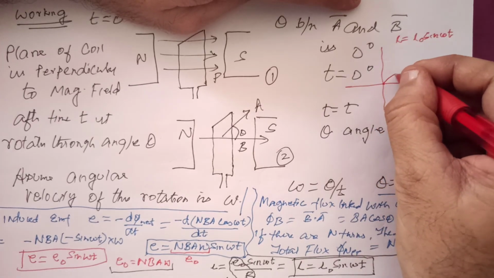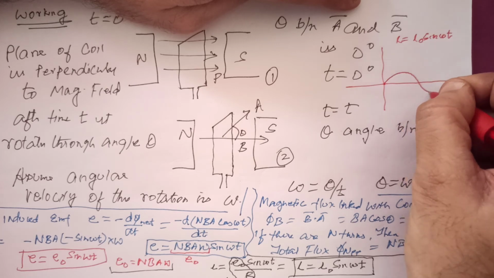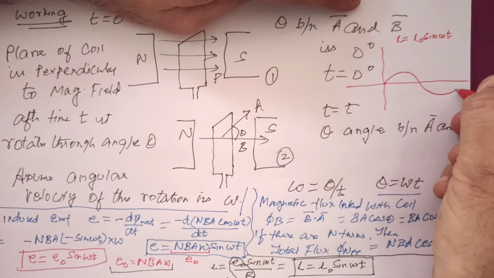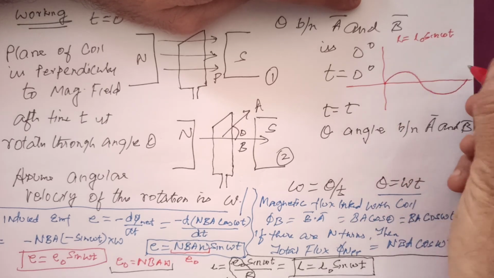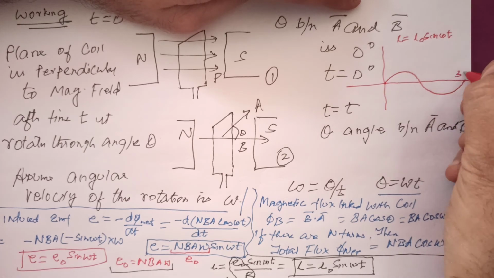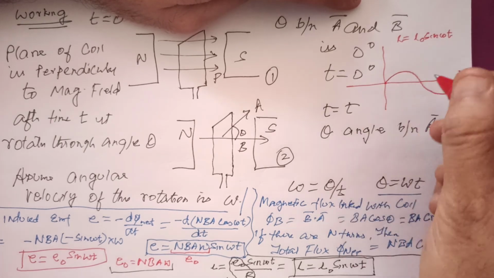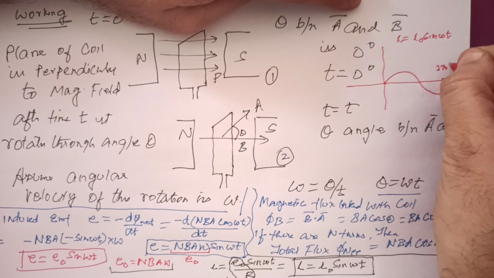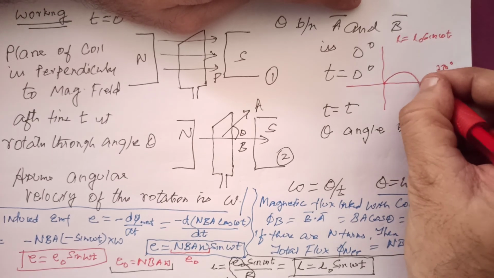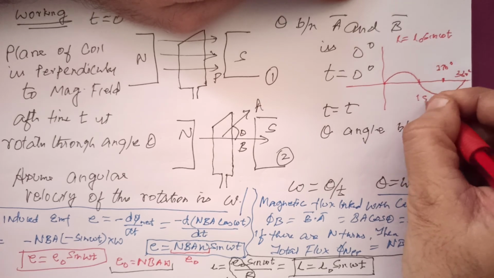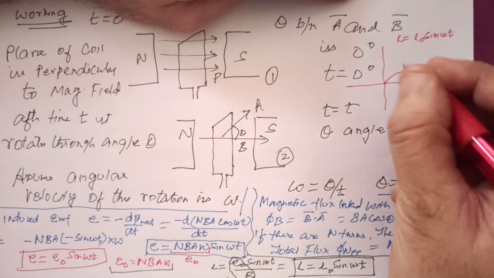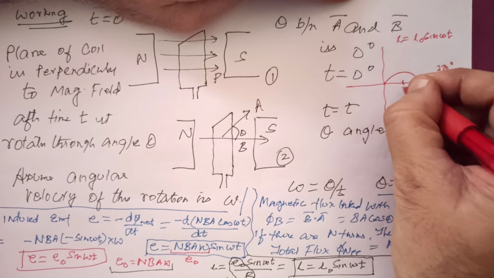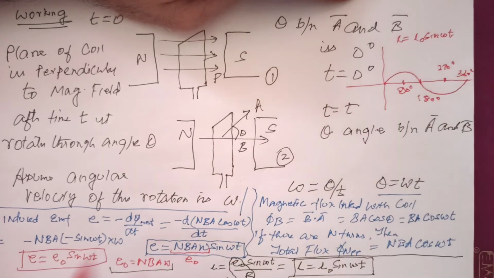I'm just drawing a miniature of this because of the space crunch. This would be 360 degrees, this is 270 degrees, this is 180 degrees, this is 90 degrees, and so on.